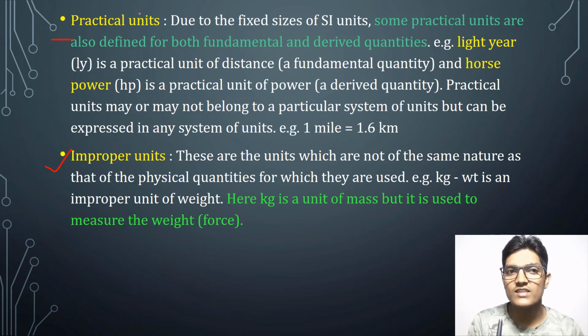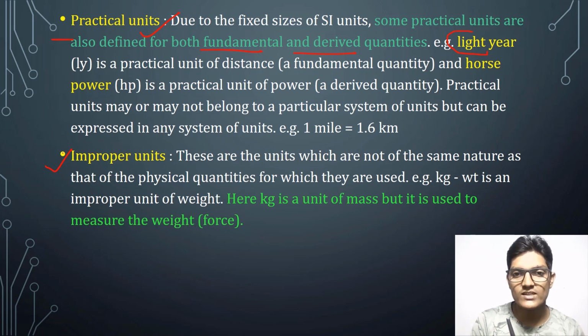So due to the fixed size of SI units, some practical units are also defined for both fundamental and derived quantities, like light year. So we are practically using these units like light year, horsepower, mile. So these all come under practical units. They have large practical implications.